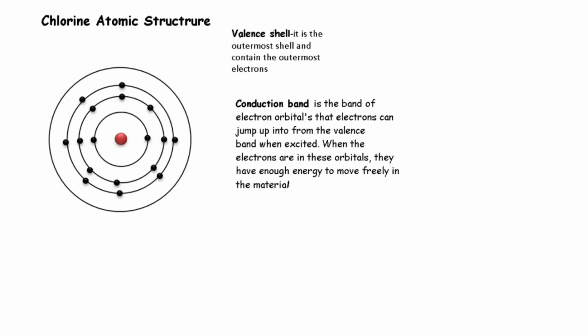We know that for chlorine, we have 17 electrons itself, okay? Given it has 17 electrons, what we have left for the valence shell is 7 electrons. We have 7 valence electrons.